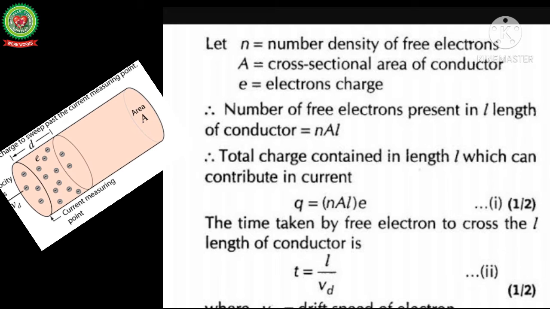Students, we have already done Q equal to nAL into e. Now, the time taken by these free electrons to cross the length of a conductor is given by the formula speed is equal to distance over time. So, time is equal to distance over speed, that is t is equal to L over Vd. Here L is the length of the conductor and the distance travelled by the electrons to reach the other terminal of the battery.